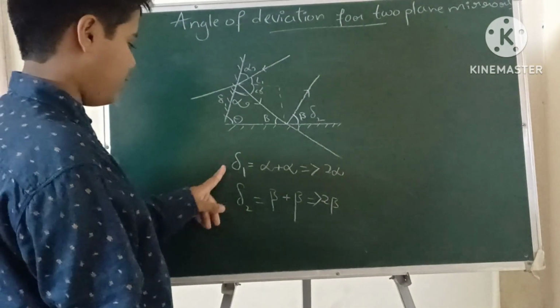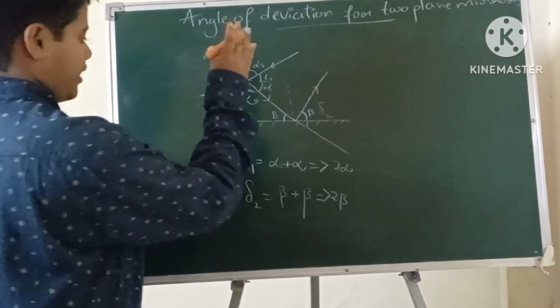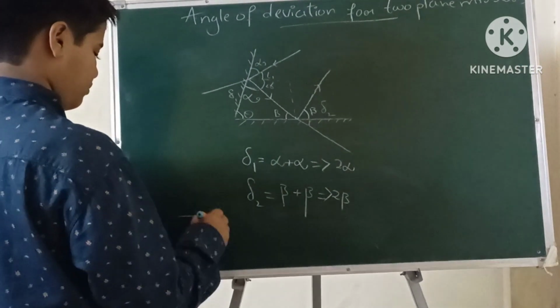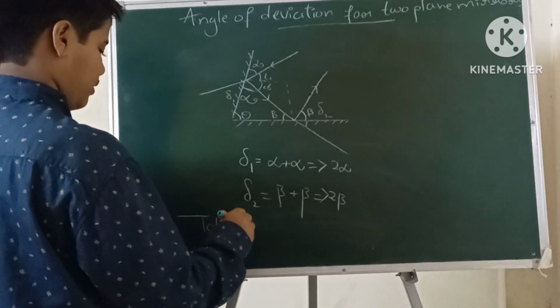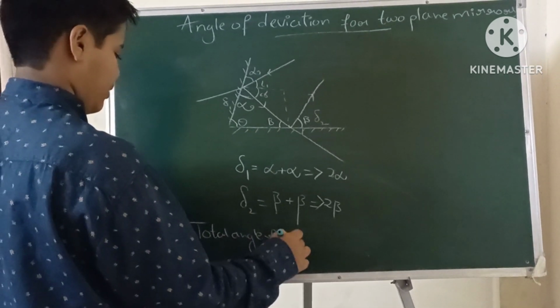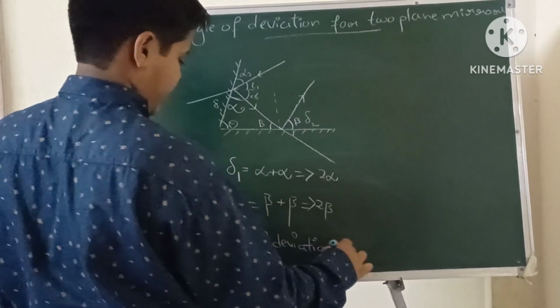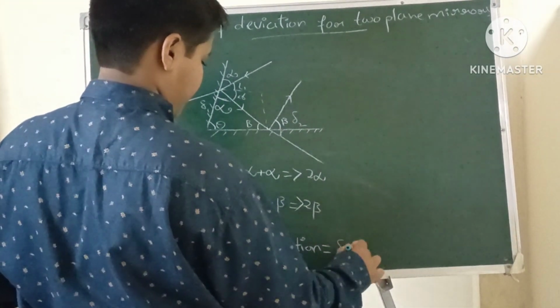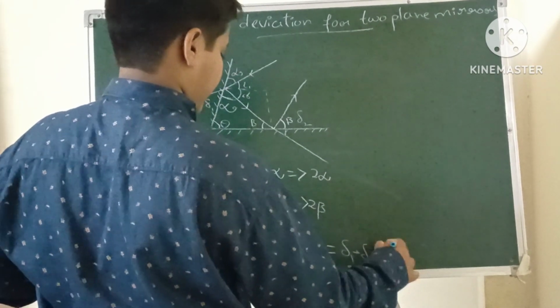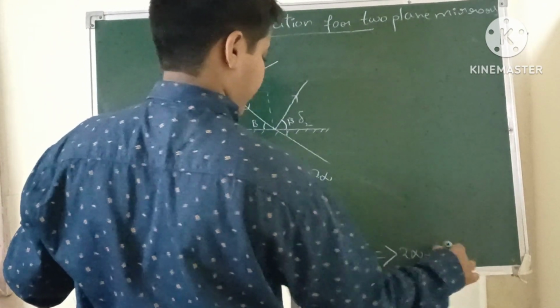Okay, so this is delta 1 plus delta 2 and the total angle of deviation is equal to delta 1 plus delta 2, that gives 2 alpha plus 2 beta.